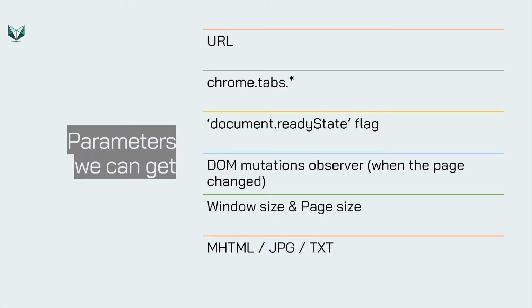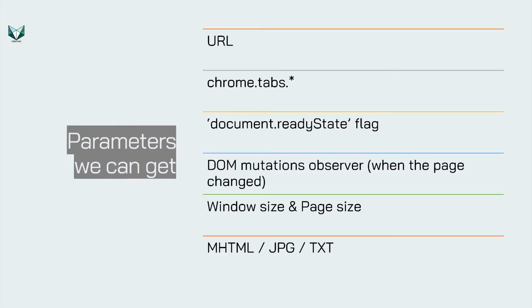Now, okay, what are the parameters that we get from the Chromium browser? We get the URL. We get a whole lot of information about the tab. So we get the tab ID. We get notified if the tab is open, or when a new one is open, or when the tab is closed. There's this thing called the document ready state flag, which we're going to talk about just now.